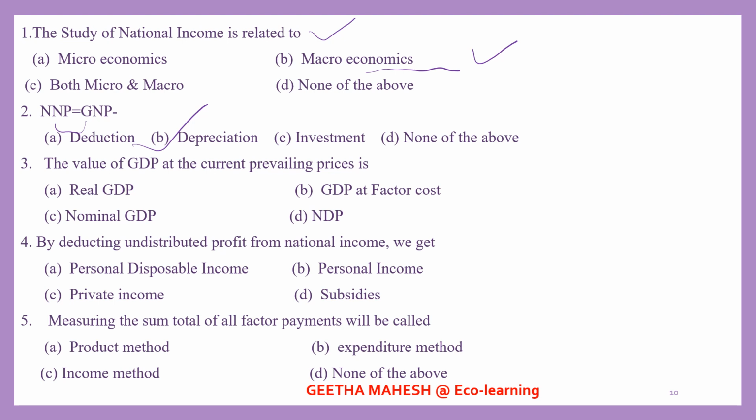The value of GDP at current prevailing prices we call nominal GDP. By deducting undistributed profit from national income, we get personal income. Measuring the sum total of all factor payments, factor income, will be called the income method.